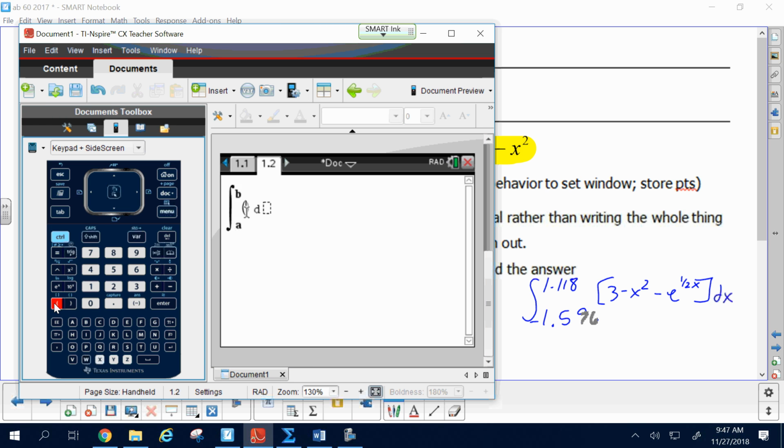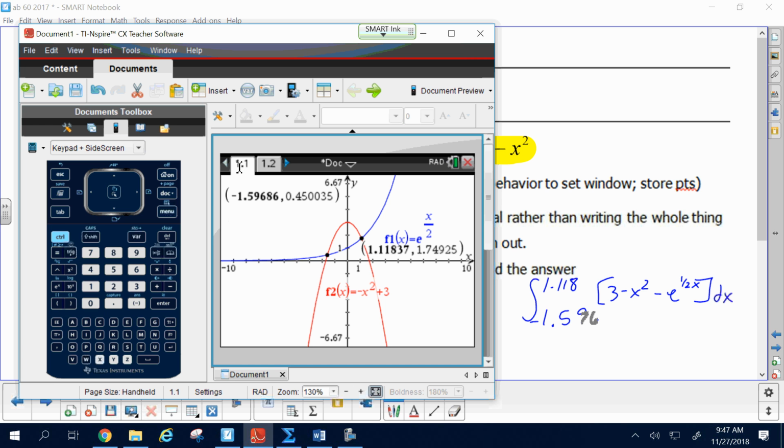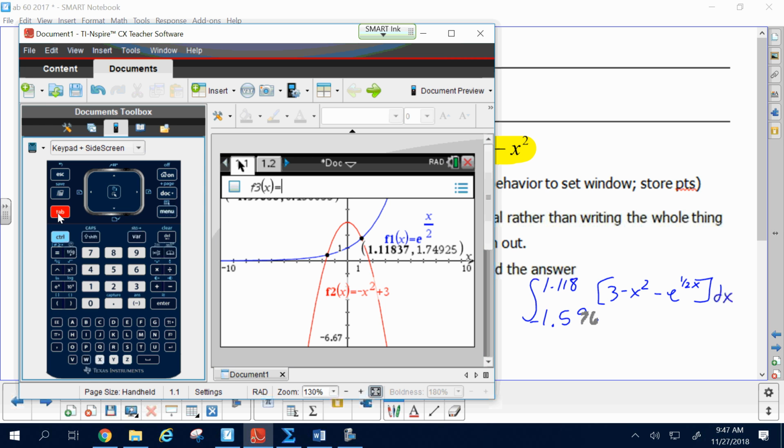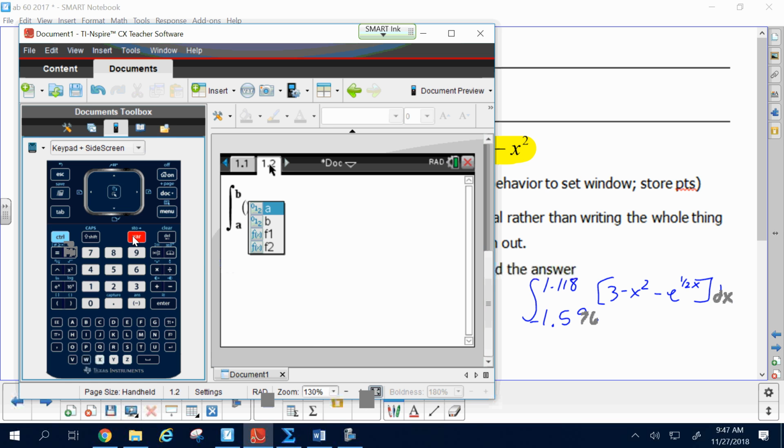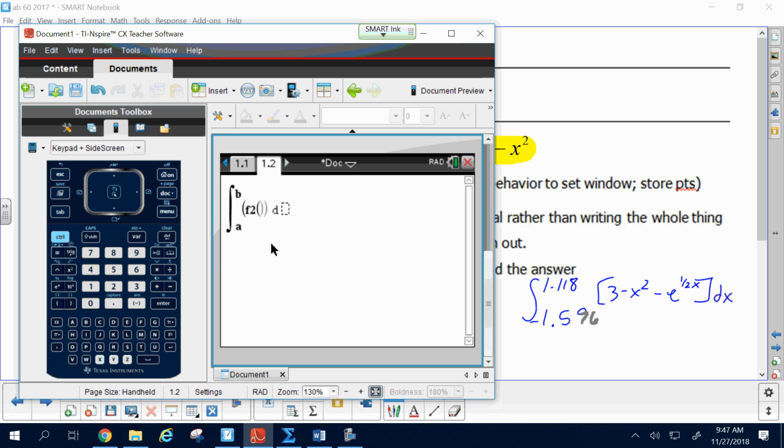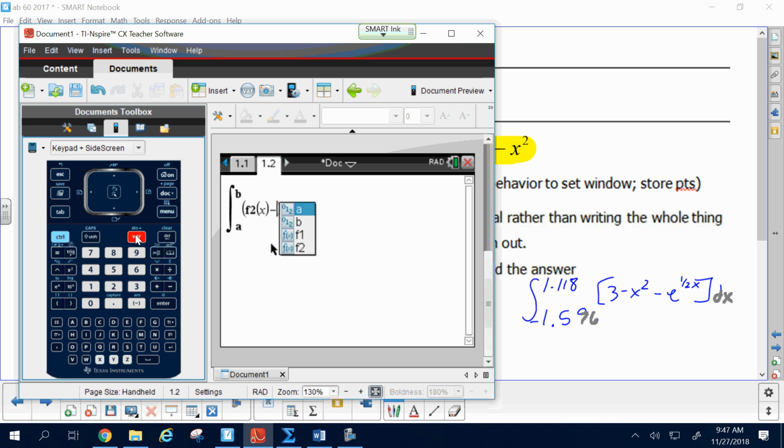I can't remember, did I do the exponential first? The exponential is first, so I need to go F2, the parabola, minus F1. Okay, so whatever order you can use, a recall, which is great.